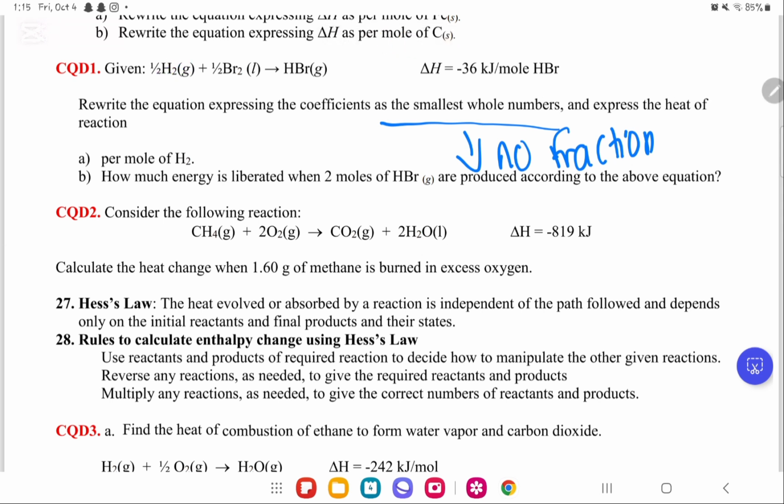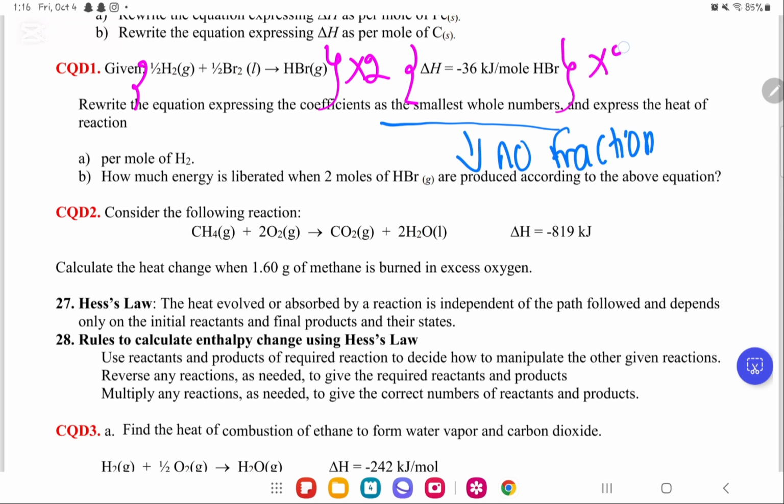Given 1 over 2 H2 gas plus 1 over 2 Br2 liquid gives us HBr gas. How do we change 1 over 2 into a whole number? How about we multiply it by 2? If we multiply 1 over 2 by 2, that means we multiply the full equation by 2.